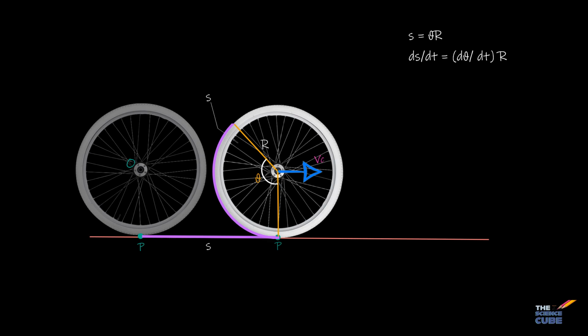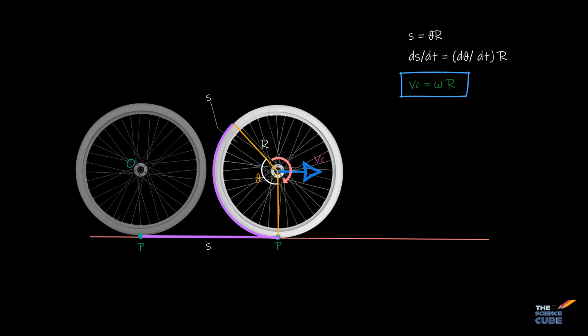But we know that the linear speed of the center of the wheel is ds/dt, and also the angular speed omega of the wheel about its center is d theta/dt. And so we can rewrite this equation as v center of mass is equal to omega r.